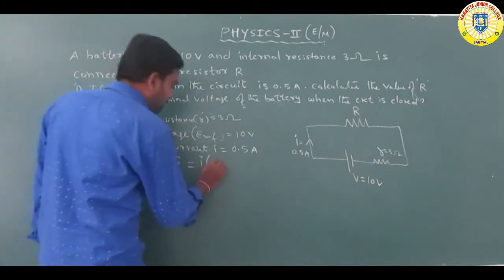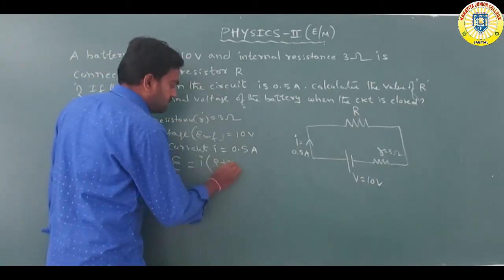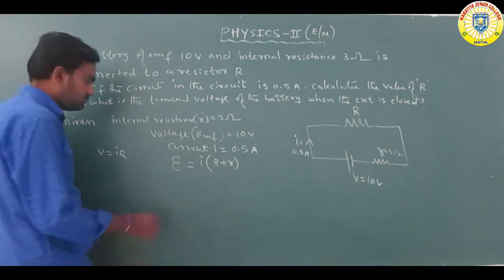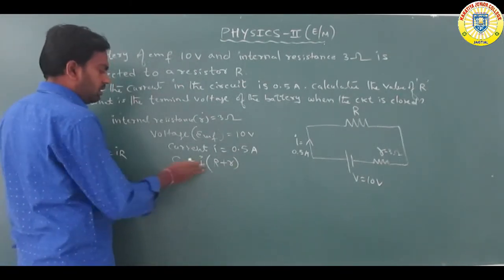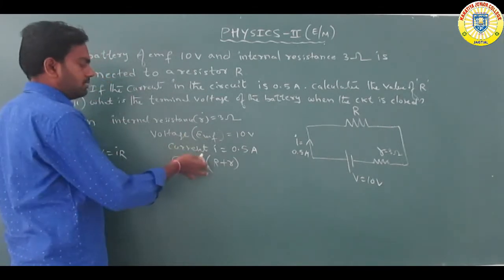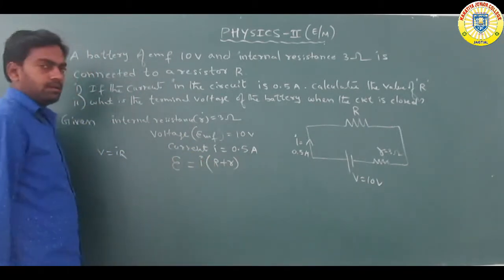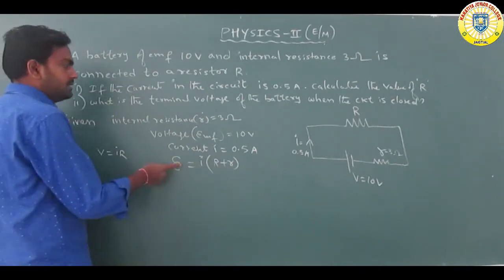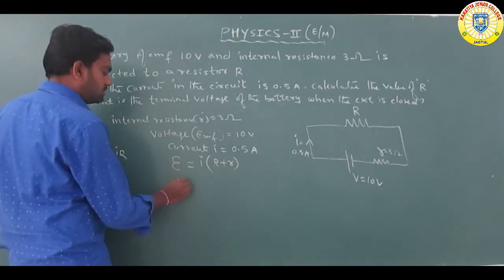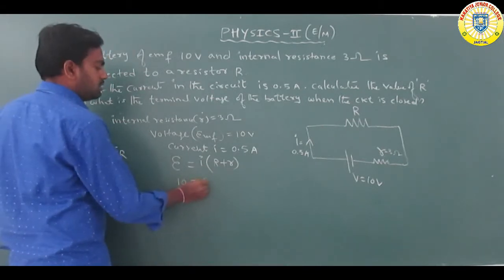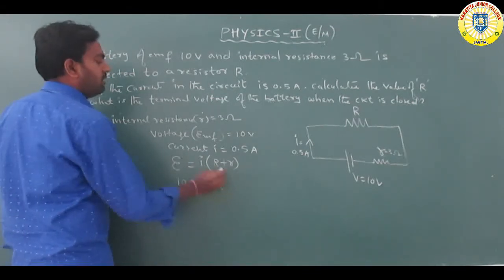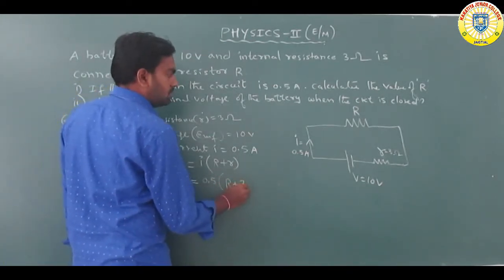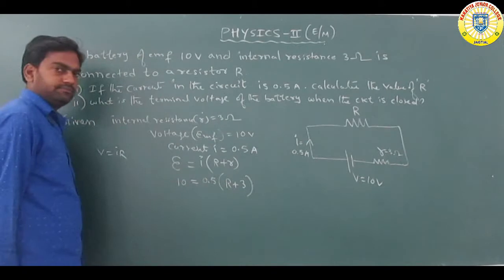That means R plus r is connected, so E is equal to I(R plus r). To find the external resistance R: E is 10 volts, I is 0.5, and small r is 3 ohms.